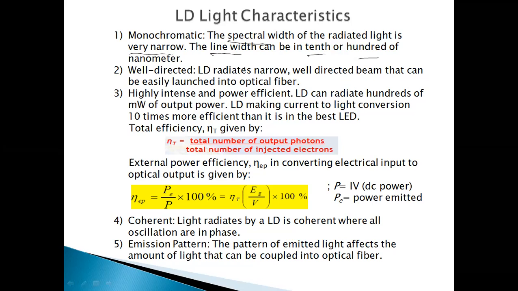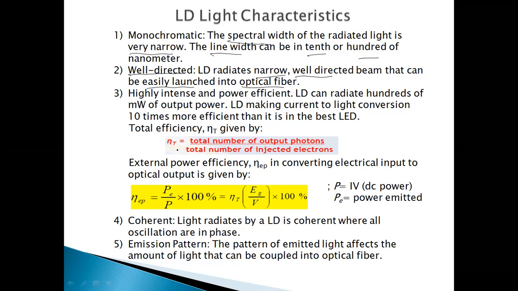The second characteristic of the light produced by a laser diode is that the light is said to be well directed. Well directed means that the light radiated is narrow, and the beam can be easily launched into the optical fiber.